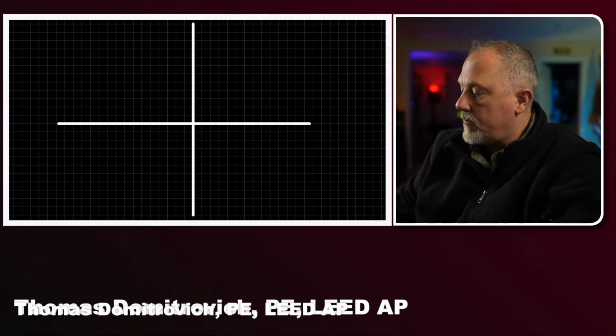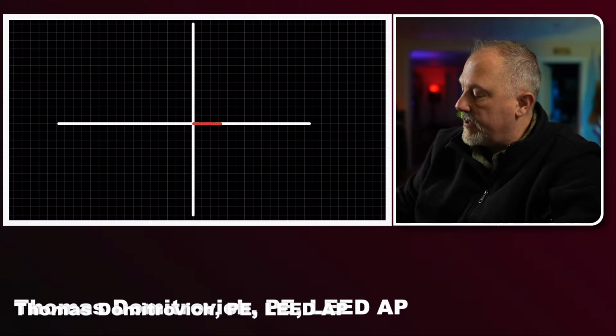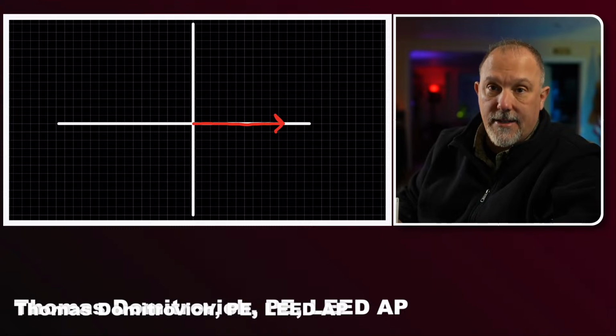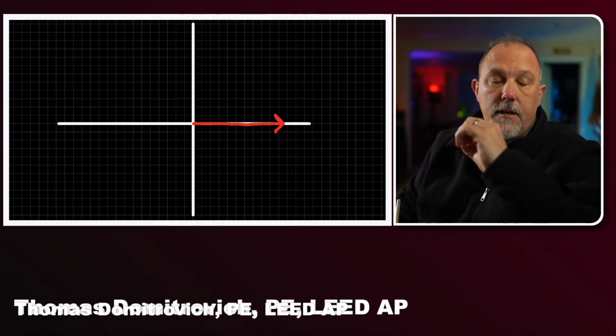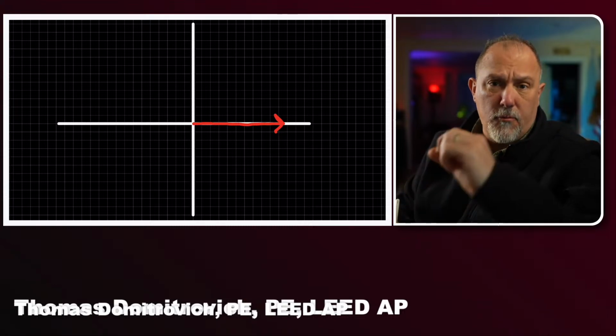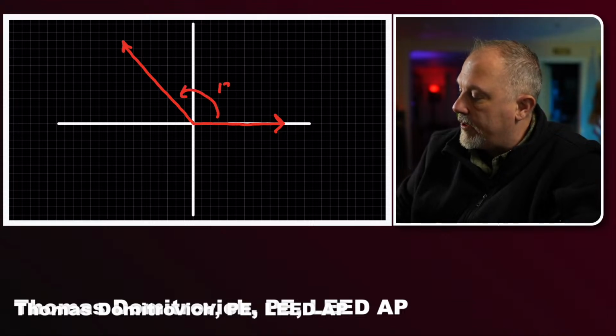If I start from zero and I have a vector along the zero axis, that phase will have 0 degrees. I'll call it our reference. This second phase is going to have 120 degrees.